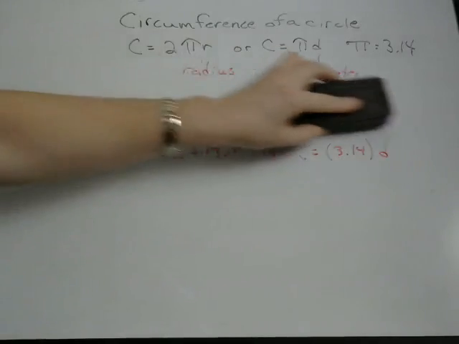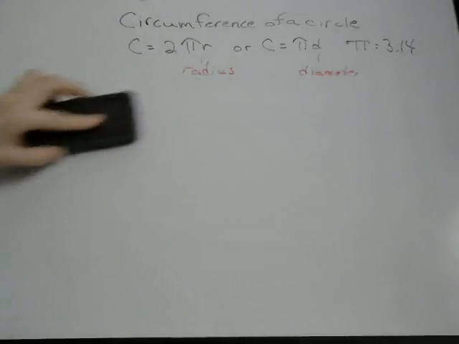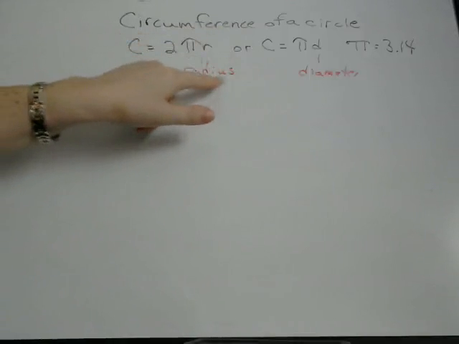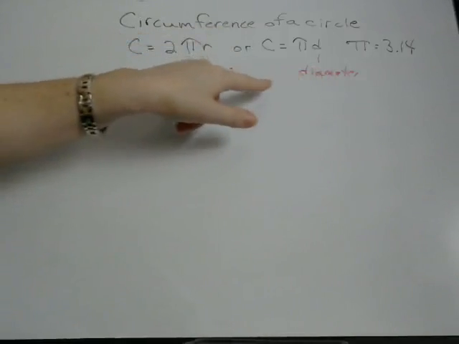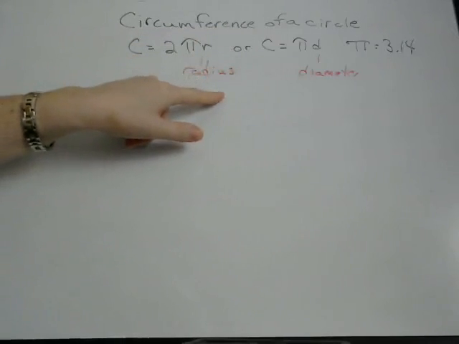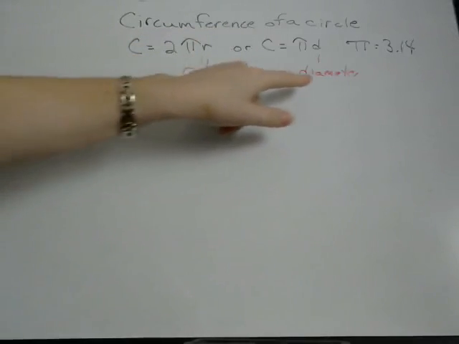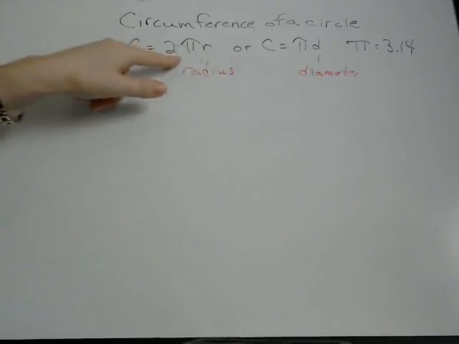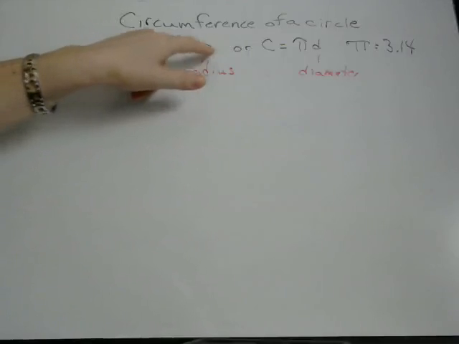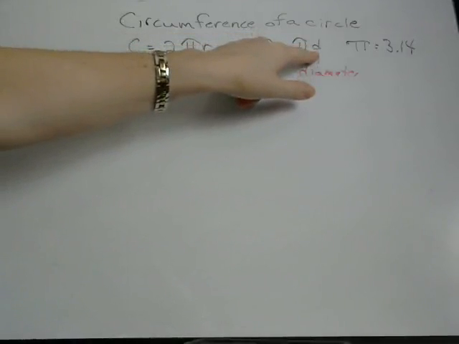So this might seem strange at first that there are two formulas for circumference, but if you remember the relationship between radius and diameter, the diameter is the full length across the middle of a circle. The radius is half that length. So the radius is half of the diameter. So these two formulas are actually the same because 2 times the radius is the same thing as the diameter.